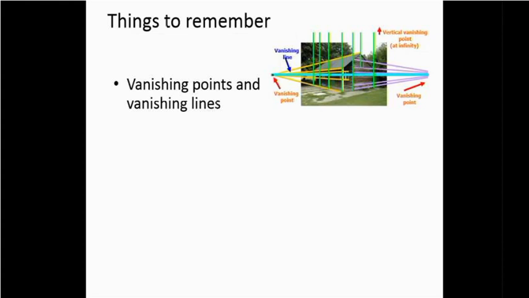If you have a set of planes that are parallel to each other, then they'll intersect at some line in the image plane, which is the vanishing line of those planes. And so the vanishing point corresponds to a 3D orientation, and a vanishing line corresponds to a planar orientation, or a surface normal.